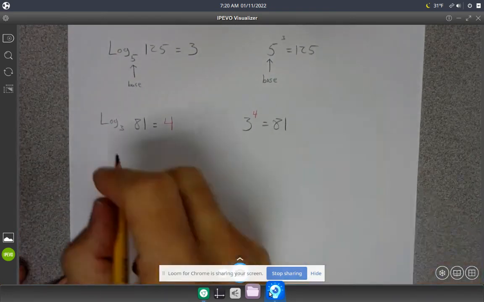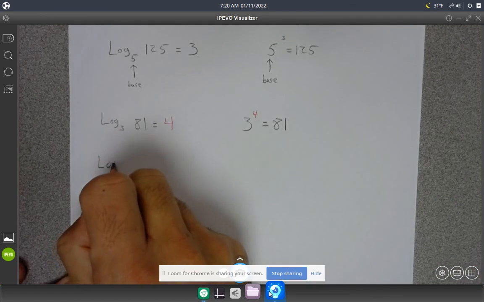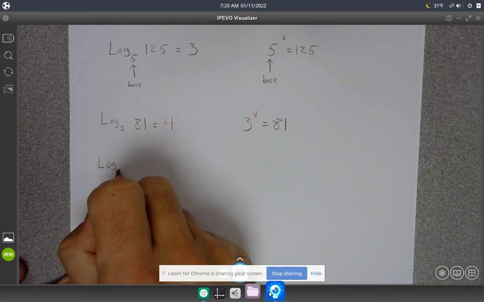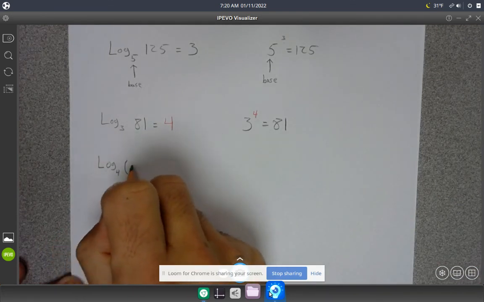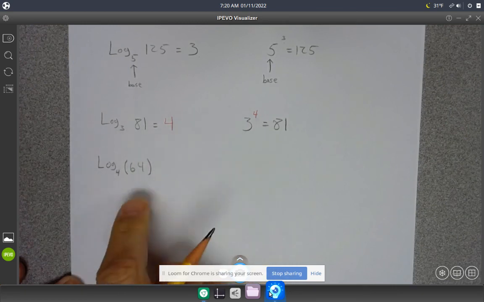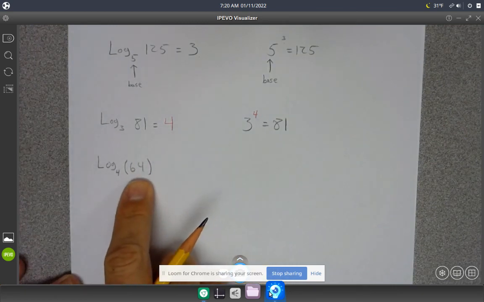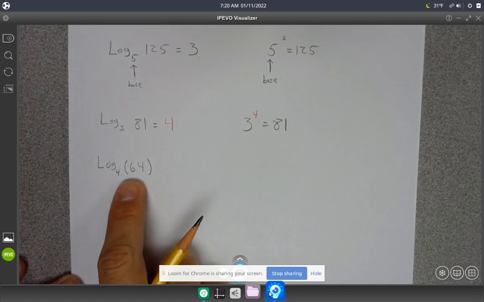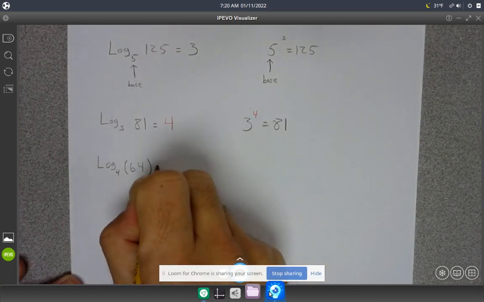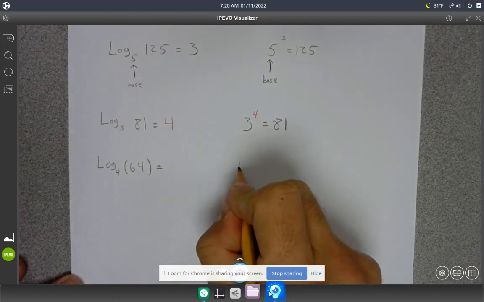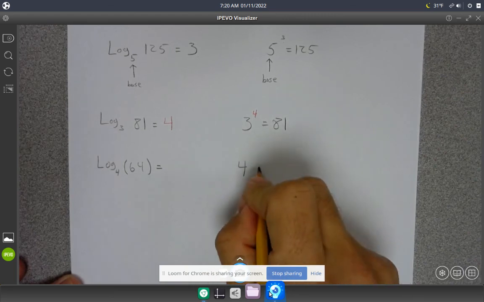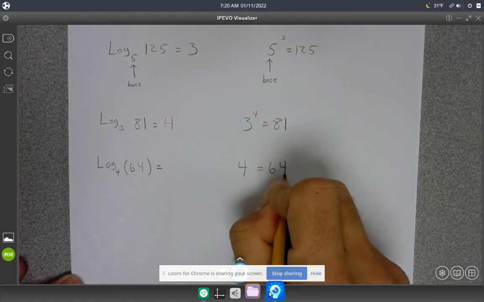If I have log, I'll change my base here, log base 4 of 64. You don't have to put it in parentheses, but I've gotten to the point where I almost always use parentheses for logarithm statements. This just means 4 to some power will equal 64.